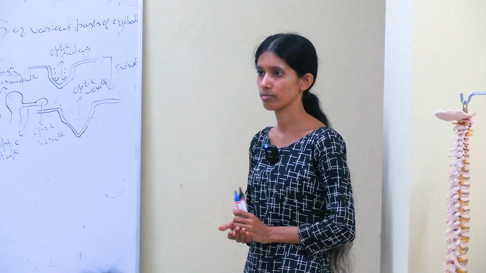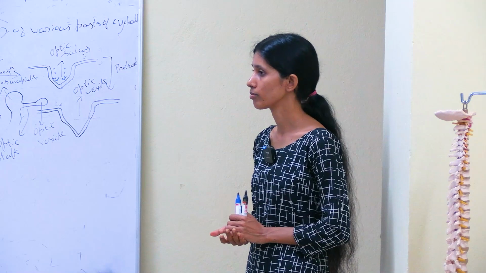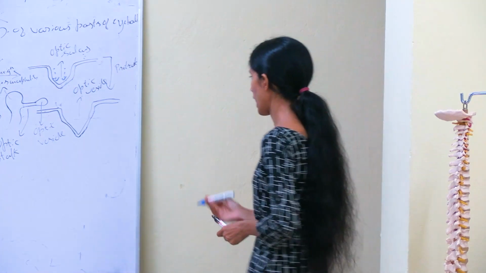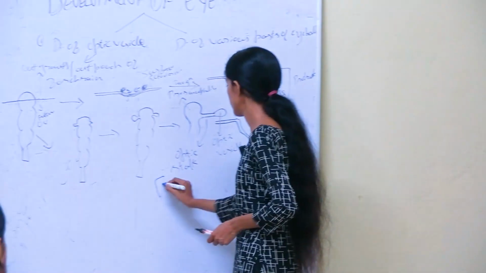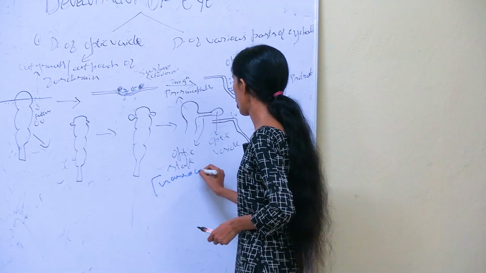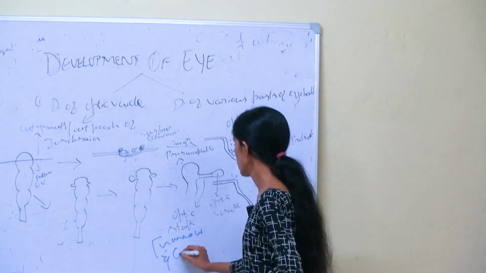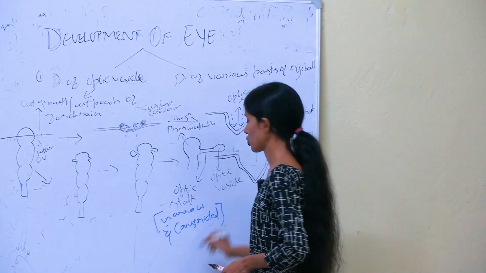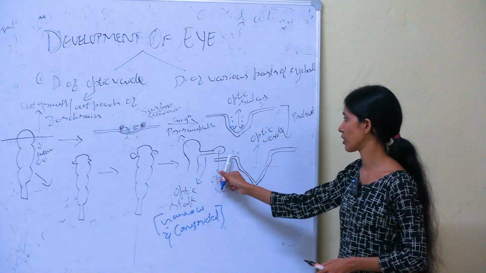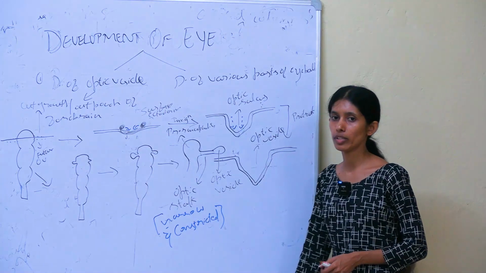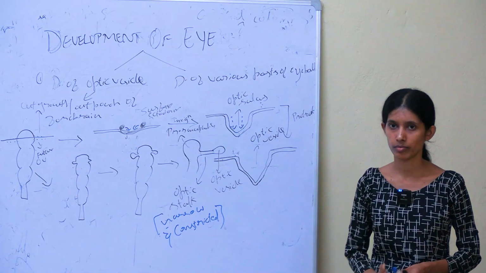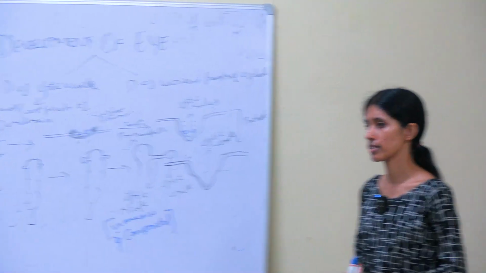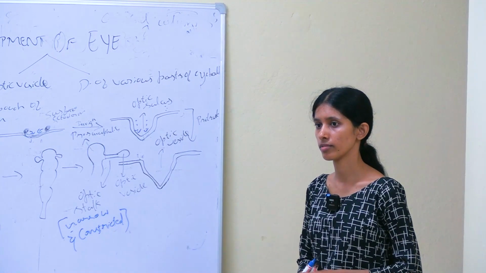Any doubts in this? This is a narrow constricted area. Your optic stalk is a narrow and constricted structure that connects your optic vesicle to your developing forebrain part. Any doubts in this?